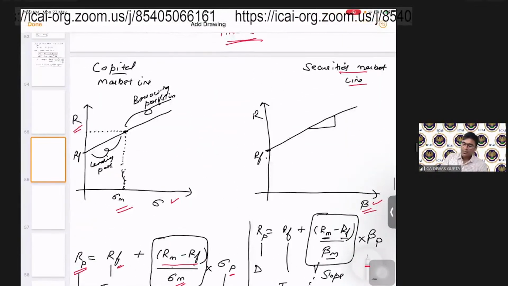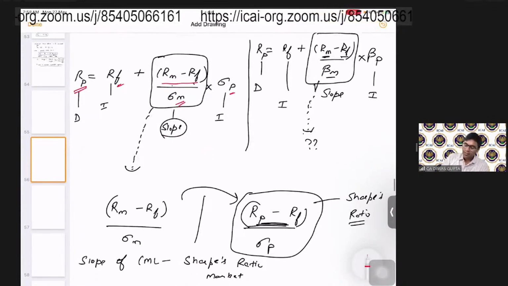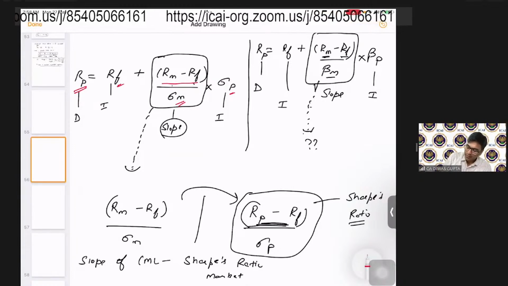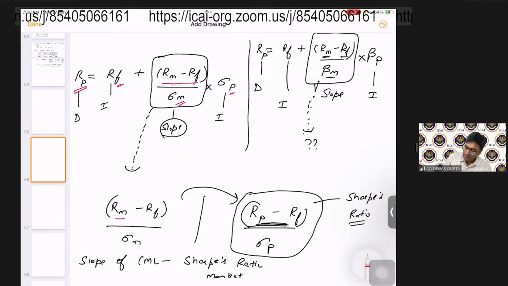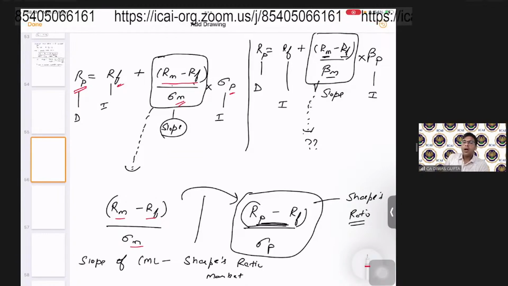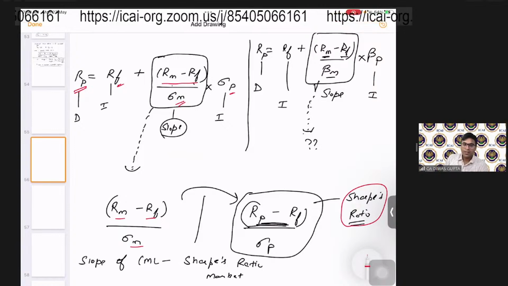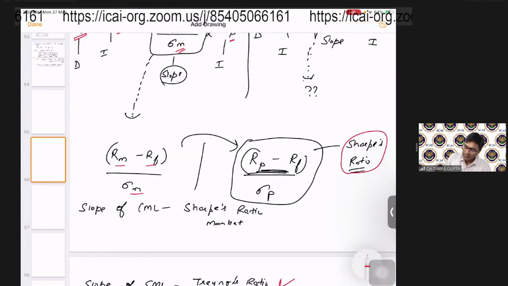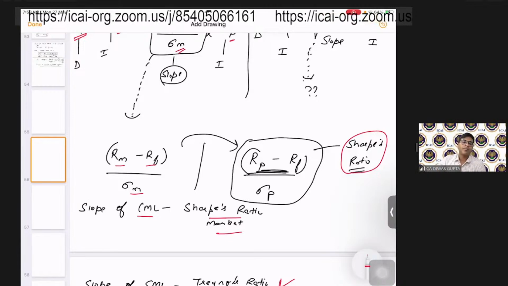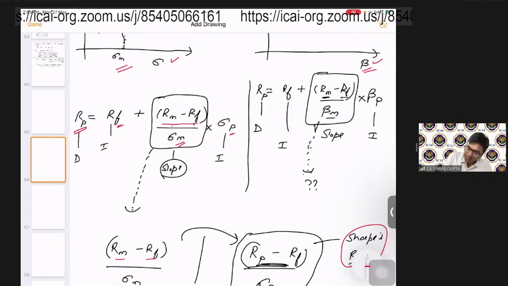We have to remember only two things here. If you see only this box part, RM minus RF divided by standard deviation of M, then it is the Sharpe's ratio, don't you think? So can we say that the slope of the CML is equal to the Sharpe's ratio of the market?